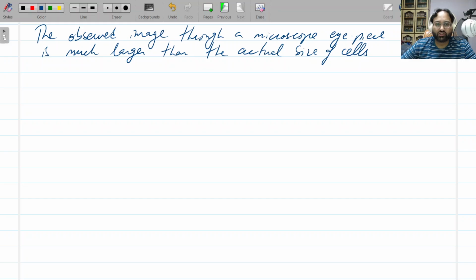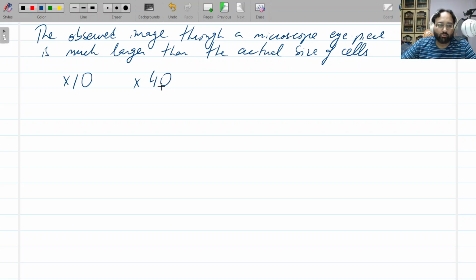So what you're seeing is not how big they actually are; they've been magnified. The initial magnification is times 10, for example. The x represents times, and then it could be anywhere between times 4, 10, and 40 or whatever. So for example, it's times 40.